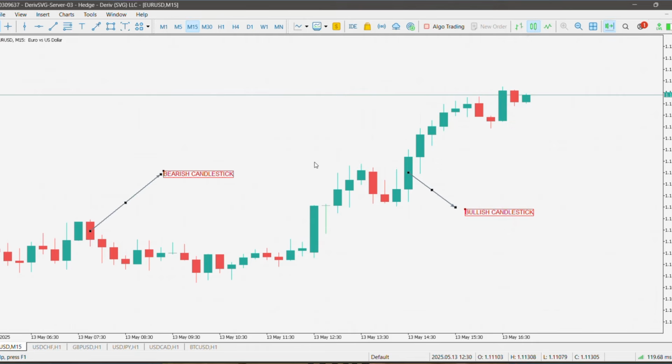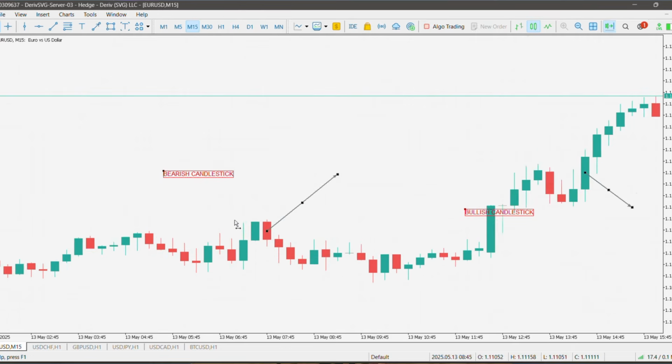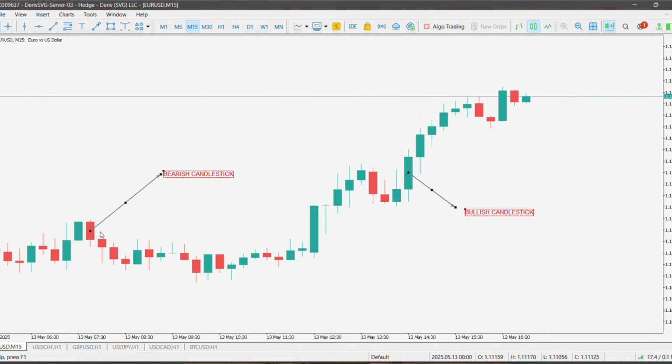Simple as that. So as you can see, my time frame is on M15. That means for the 15 minutes that I had this candlestick running, it started here, and then it went up a little bit, and then ran down, melted down all the way to this price and closed there.